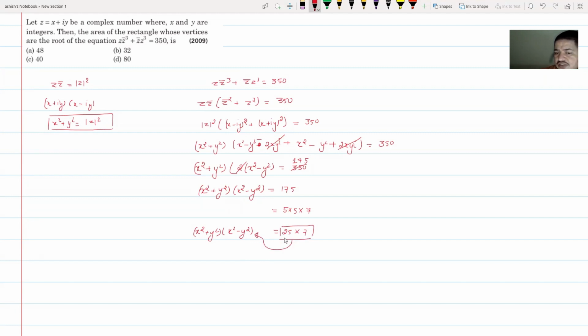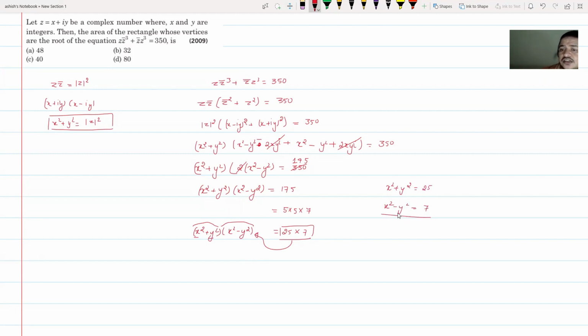You can take any other values, but I think 25 into 7 works well. How? Here we have x square and y square. If I take x square plus y square equal to 25, and x square minus y square equal to 7.